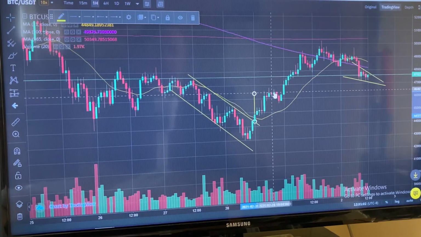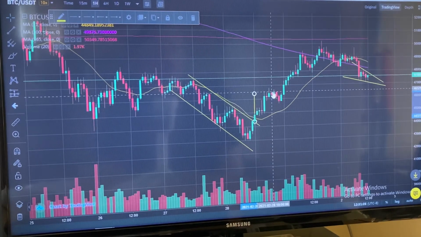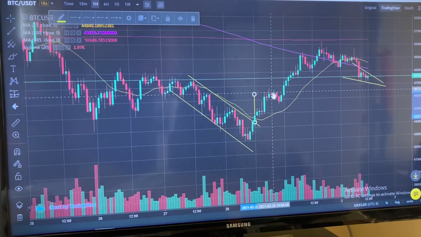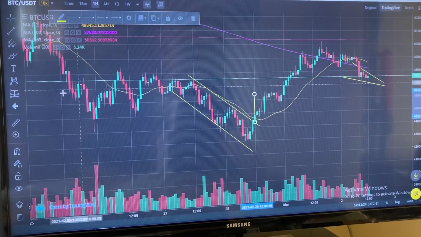Now, why does that happen? That's because there are a lot of bots, computer programs, algorithms, and AI is being used now. They make lots and lots of trades per day, very quickly in small increments, especially with Bitcoin. These bots utilize technical analysis.